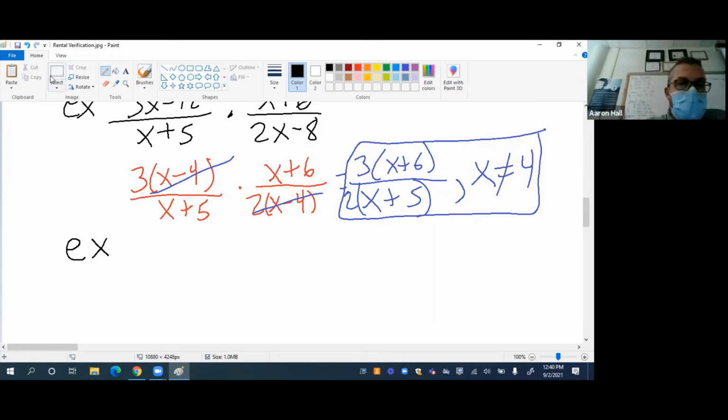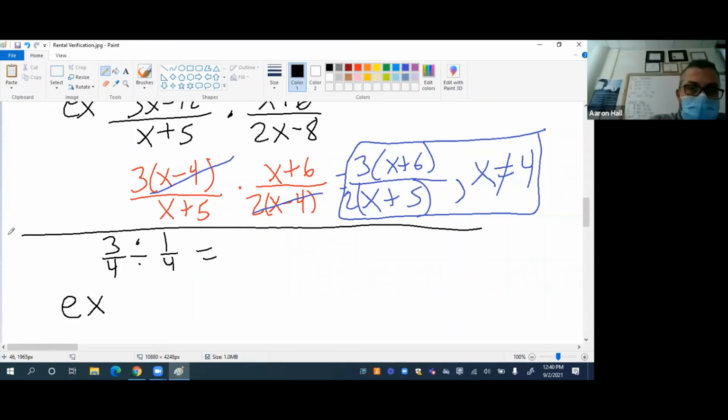What's the rule when I divide? Yeah. So we keep the same fraction, 3/4.